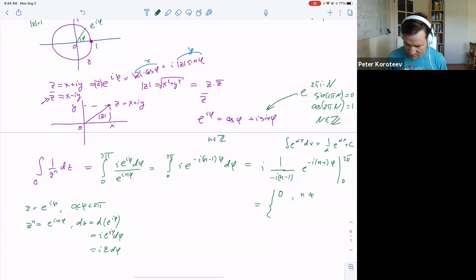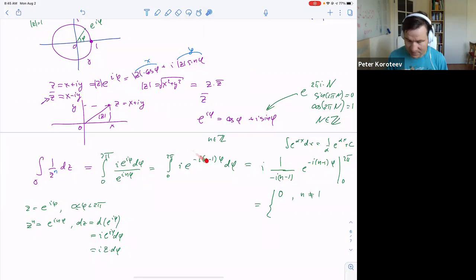So when n is not equal to 1, so that this denominator here is non-singular, right? The answer is indeed 0 just because of periodicity of trigonometric functions. Is that part clear? Yeah, it's simply because sine 2 pi n is 0 and cosine 2 pi n is 1 for every n. Now, let's just plug in here n is equal to 1, right?